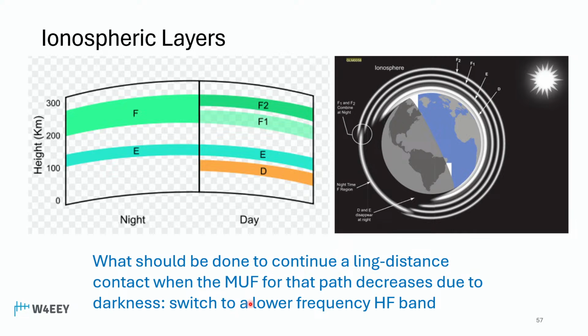Maximum usable frequency, you can kind of imagine what that is, highest frequency you can use. So what should be done to continue a long distance contact when the MUF for that path decreases due to darkness? Well, you can switch to a lower frequency band that might still be open, might still have propagation. And that kind of makes sense because when it gets dark, you're going to be losing the ionization above you, but you may still be able to communicate on a lower frequency band.